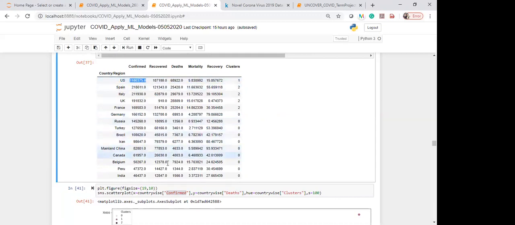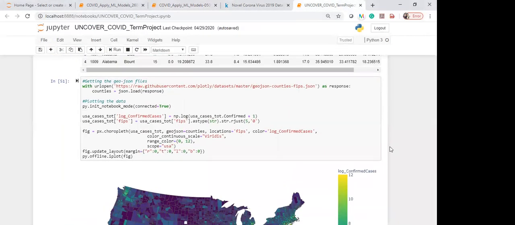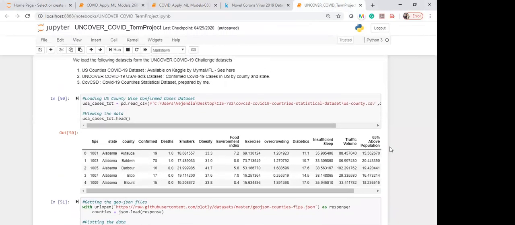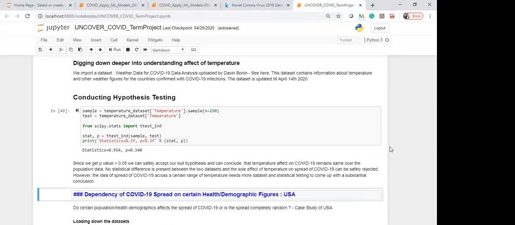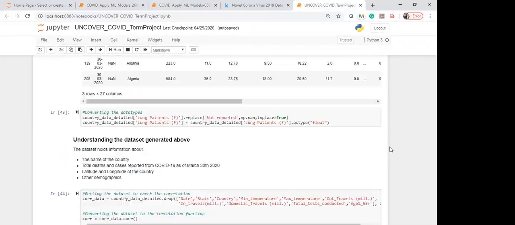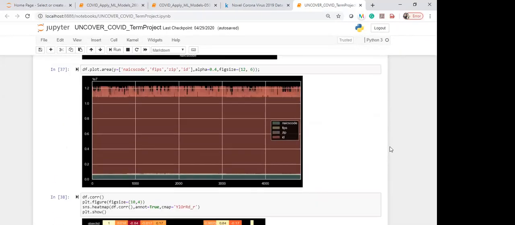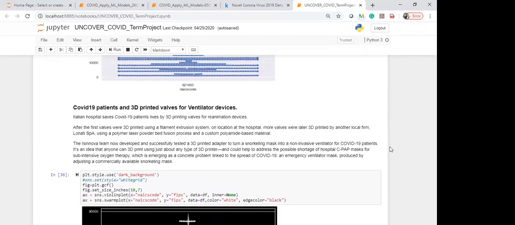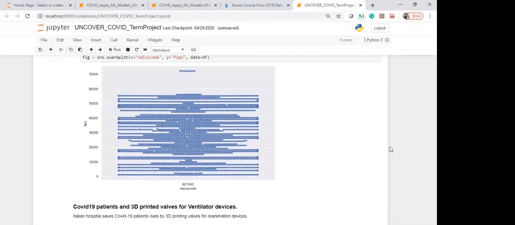So I wonder, are you able to? I saw that you were doing some work in the Uncover notebook. You were looking at what regions would need more beds and more supplies. Ventilators, yeah. Yes. So is there a way that you can also add that in the future?